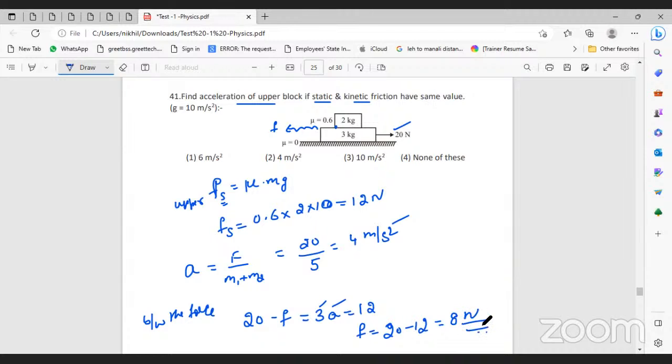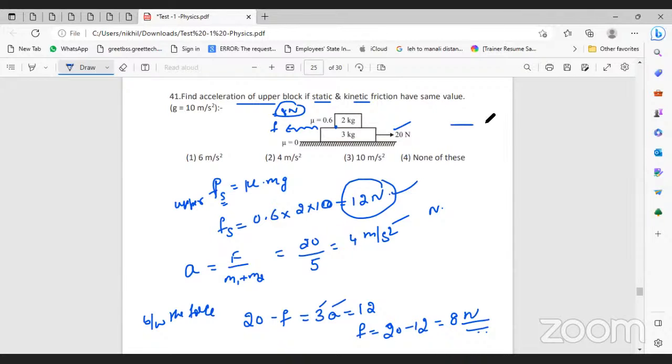So 8 Newton. So what opposing force is there? 8 Newton opposing force is there. But the block can move with what force? Actually with static friction, 12. But the net force is definitely towards the right side because the opposing force is only 8 Newton. The applied force is 12 Newton.